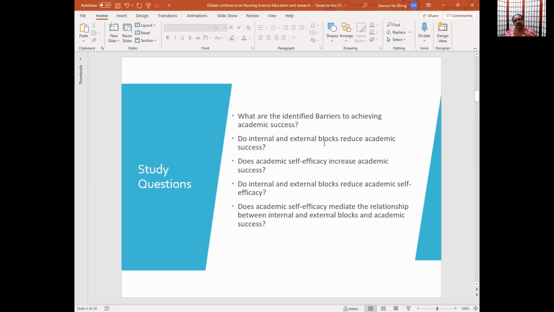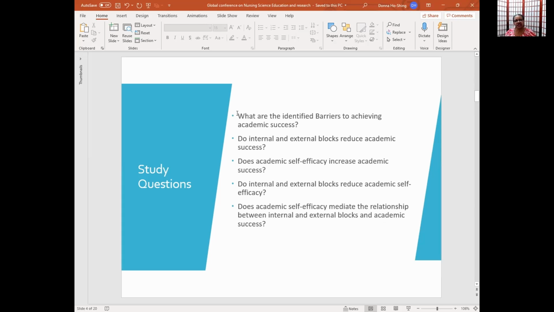Do internal and external blocks reduce academic success? Does academic self-efficacy increase academic success? Do internal and external blocks reduce academic self-efficacy? And does academic self-efficacy mediate the relationship between internal and external blocks and academic success?